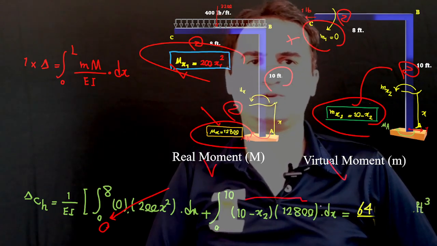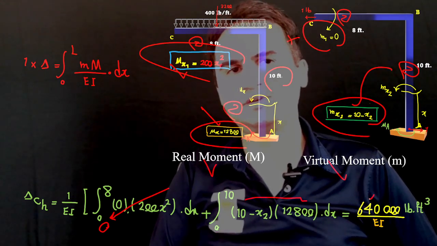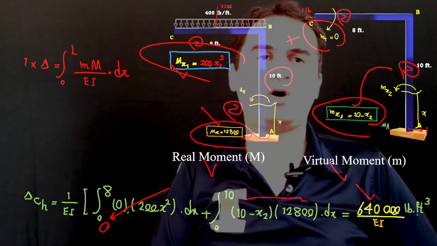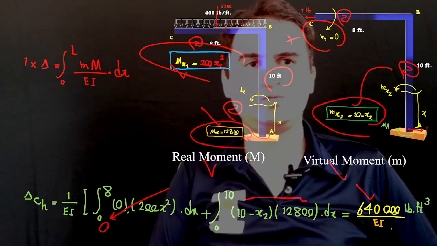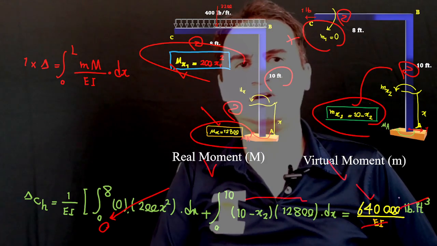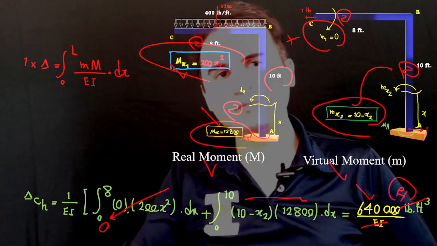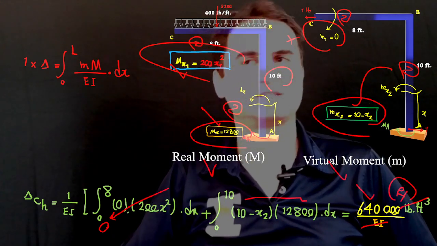If you multiply this out, it gives you 640,000 pound times feet cubed over EI, which if you simplify the unit with EI, gives you a number in feet, and definitely it's a very small number.